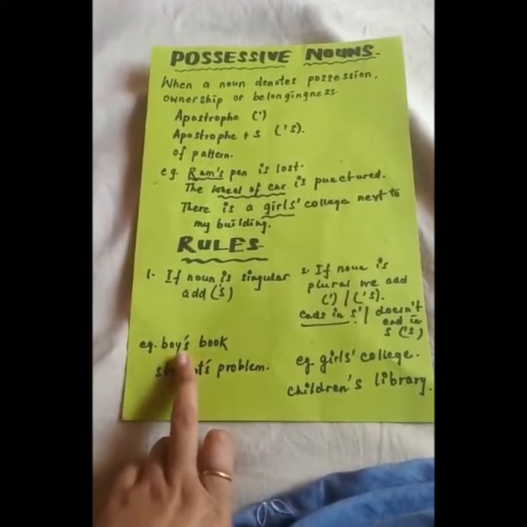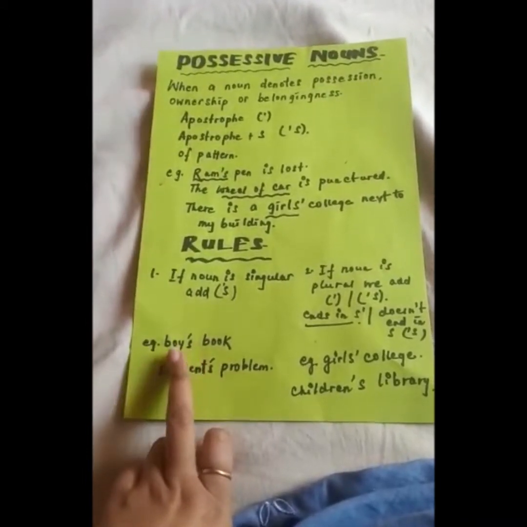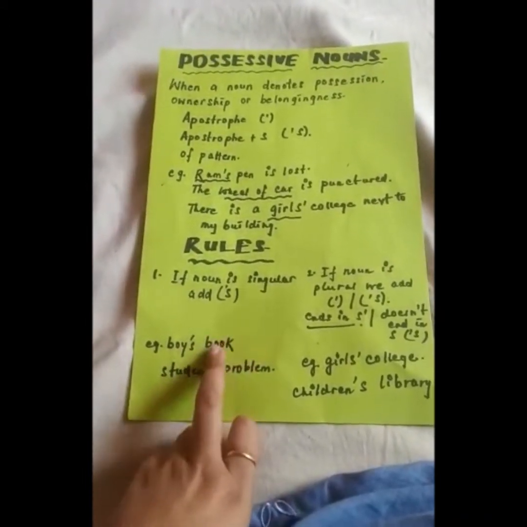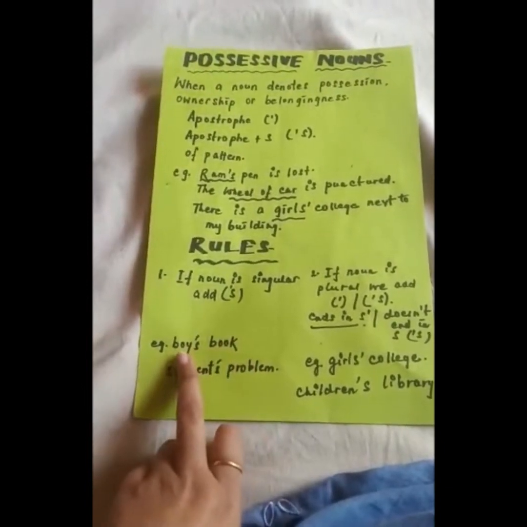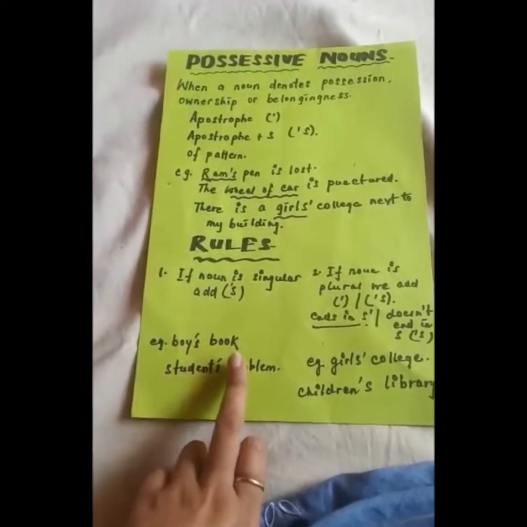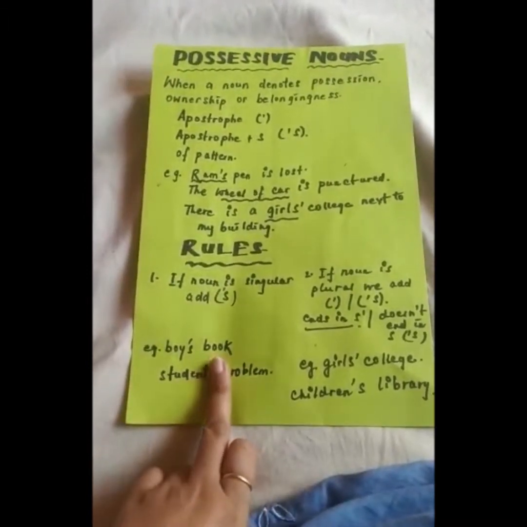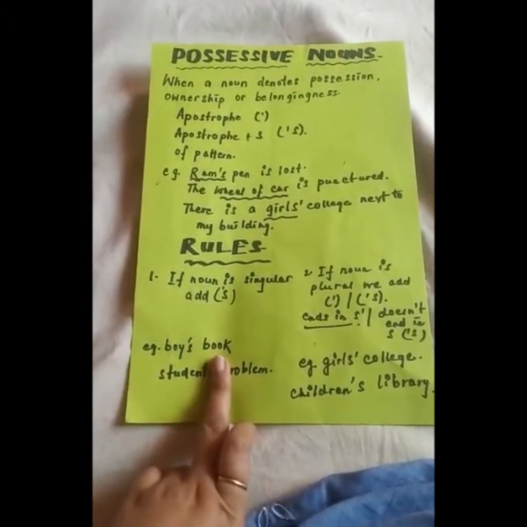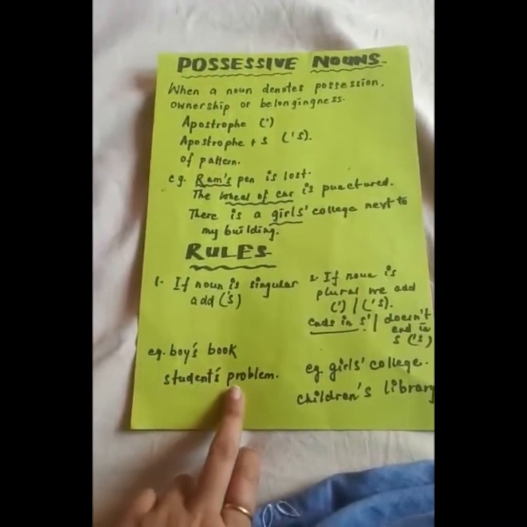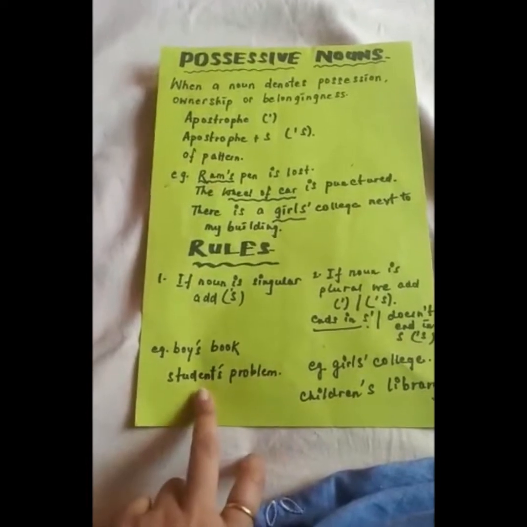So we have added apostrophe s. Okay. Boy's book. So the book belongs to whom? To the boy. Okay. Next example, student's problem. Student is a singular noun and we add s with a singular noun. Okay, so student's problem. So the problem of the student.